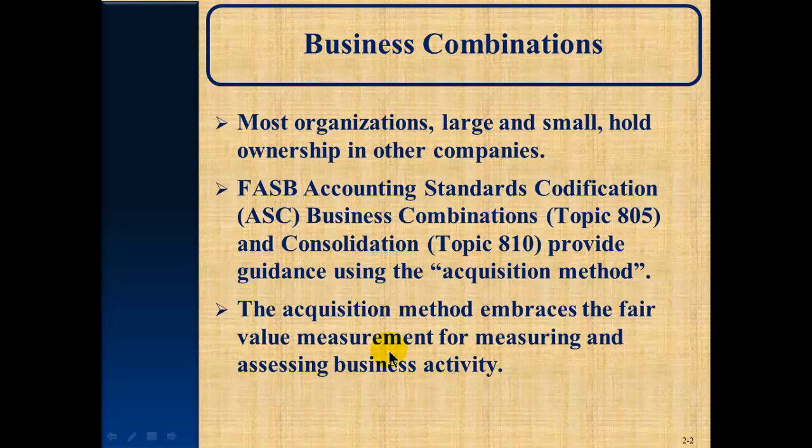What you pay, the actual cost you paid for an item versus what the market value might be, which could be less concrete. But we do get into market value and fair value, and I'm using those terms synonymously, when we talk about business combinations. So two things: we have the acquisition method, and it is fair value based.